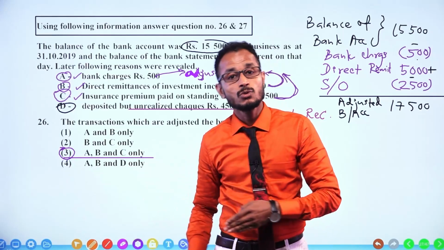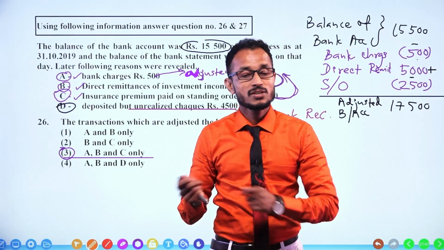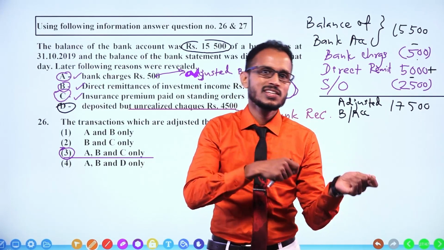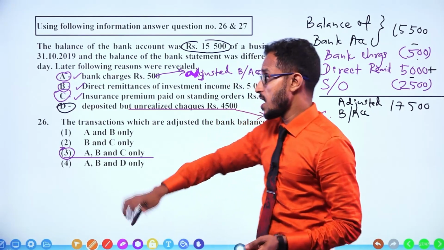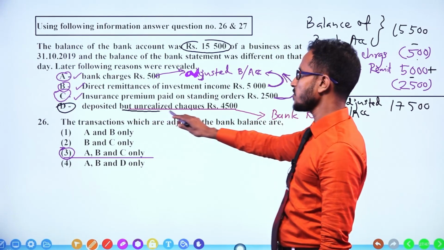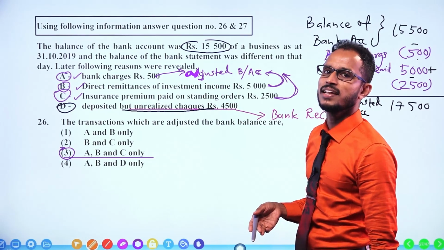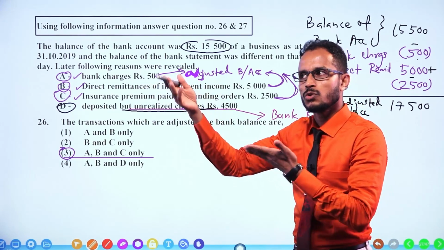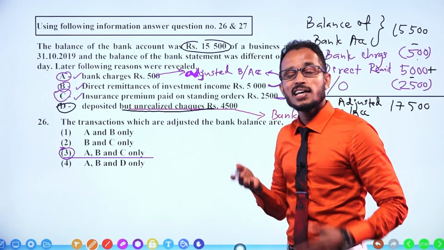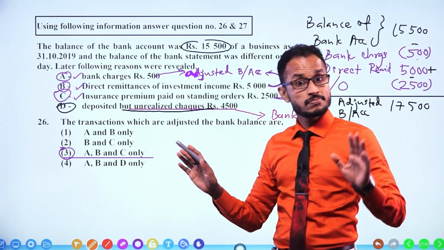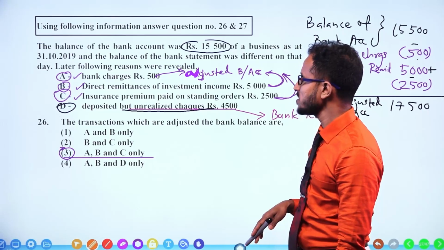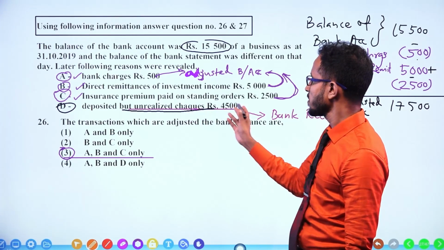When we send those checks, we debit because it's money coming in, money increasing in the bank account. We debit, but the checks have not been realized. That means the bank has not yet added. Maybe the checks have not gone to the account yet. Maybe they are still in the queue. Those are unrealized checks. That is the meaning of unrealized checks.